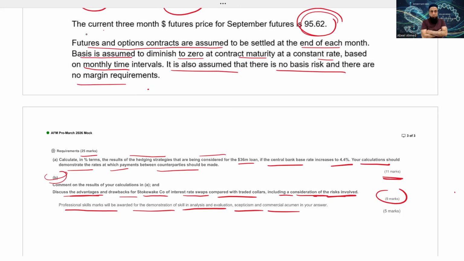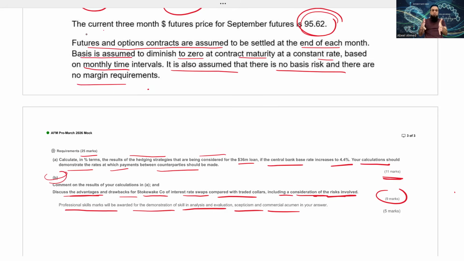In case of interest rate swap, Stokewake will actually convert their variable interest rate to the fixed rate, which means they will not be facing the uncertainty risk relating to rise in the interest rate, which they do in case of variable rate.